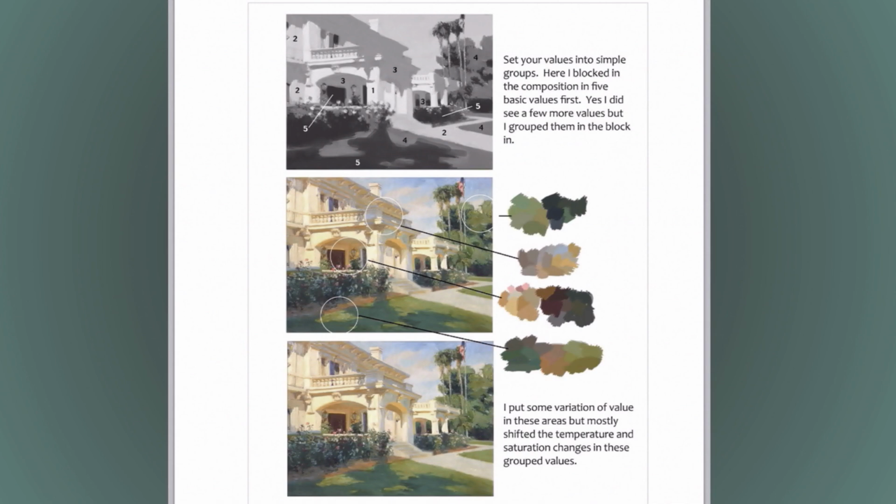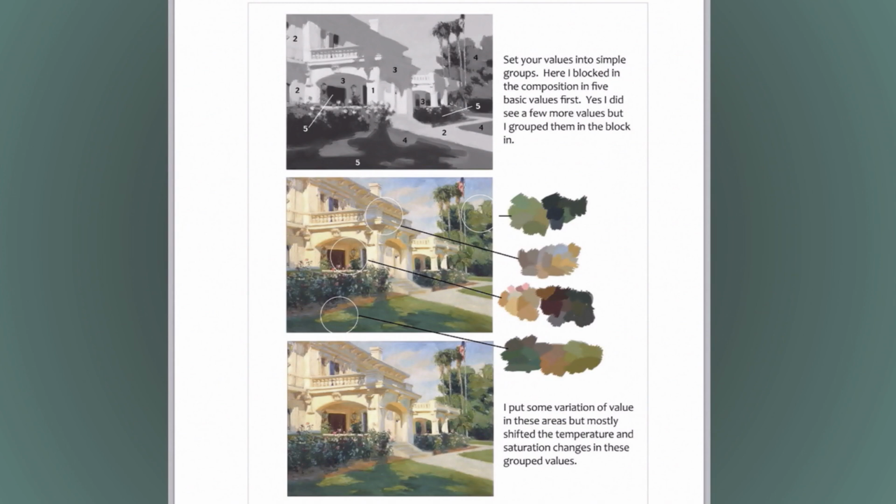And I wanted to reflect all of that. So these are my separate value groups. Now within that area of 3, I'm going to have a range of values. In the area of 5, I'm going to have a range of values. In 2, I have a range of values. I have a range of temperatures. Okay, color temperatures. And so I can work within that value set.